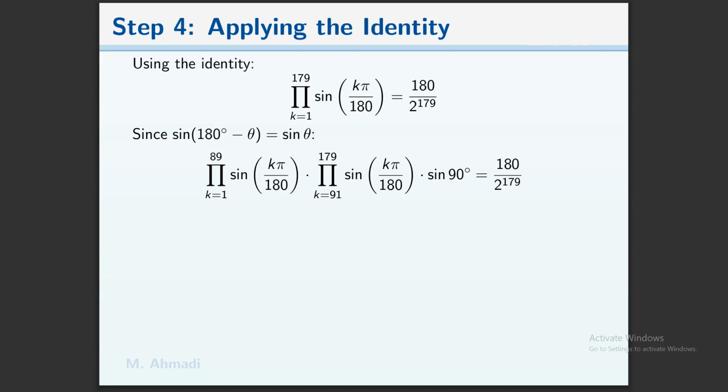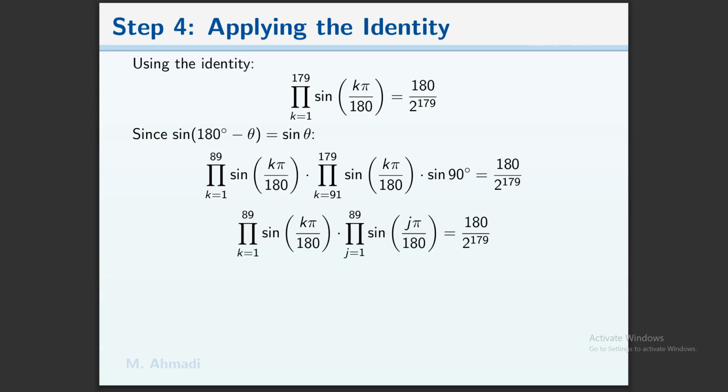And we can write the product of sin(kπ/180), k from 1 to 89, multiplied by the product of sin(kπ/180), k from 91 to 179, multiplied by sin 90°, is equal to 180 divided by 2^179.